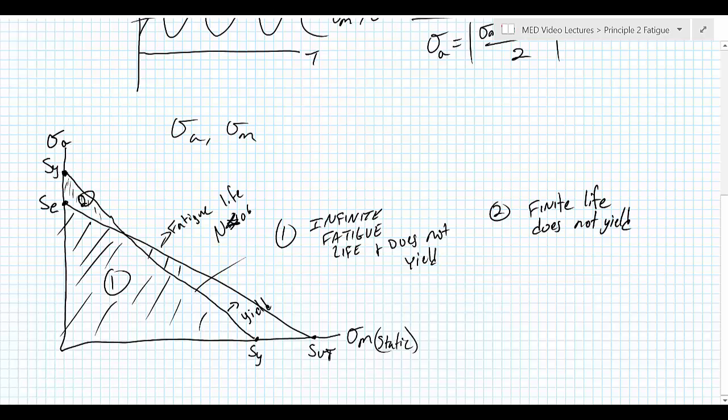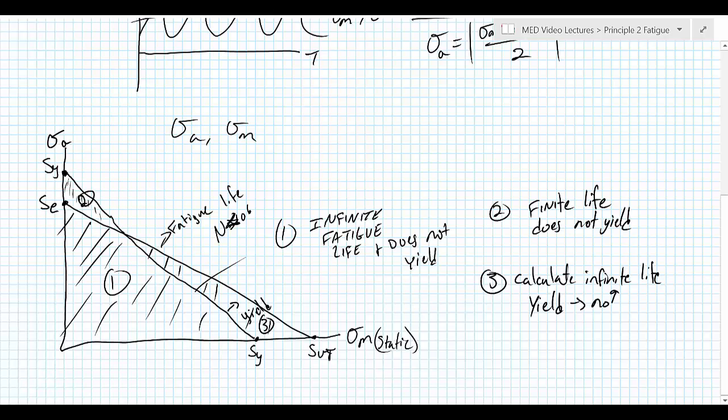Let's call this section here section number 3. In 3, we calculate that it has infinite life, but in fact it will yield. So no, it doesn't have infinite life.